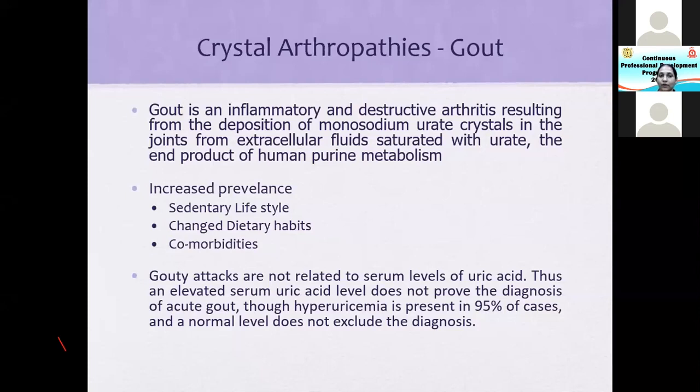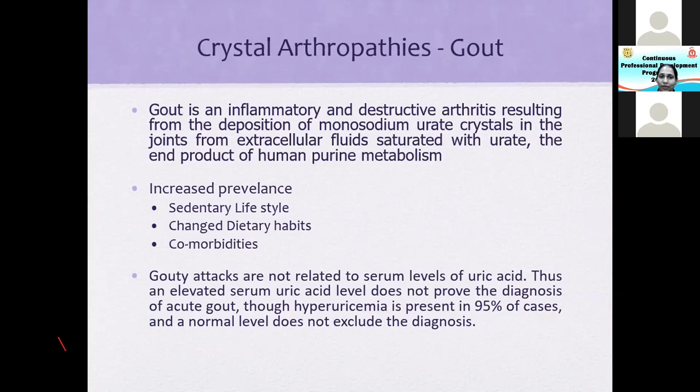So earlier, gout was thought to be a disease of the kings, but now it is a disease of the common man as well, because there's a drastic change. Earlier, it was associated with a more affluent way of life, indulging in alcohol, beer, wine, and meat consumption, red meat consumption was associated with this disease.